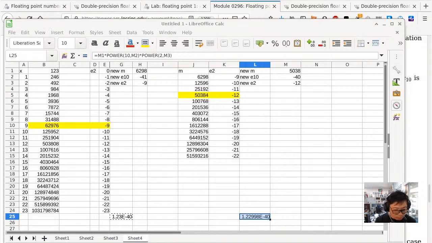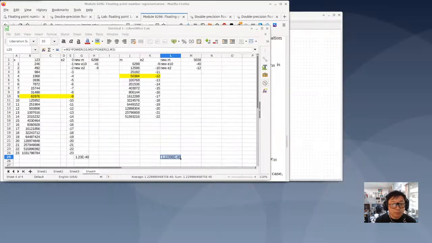Let me save the spreadsheet and then save it. Oop. What did I do? I think I know what I did. I'm now sharing the entire desktop on my laptop computer, which is okay, because all I want to do is share the document. So let me save the document first.